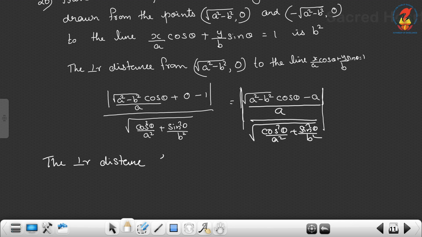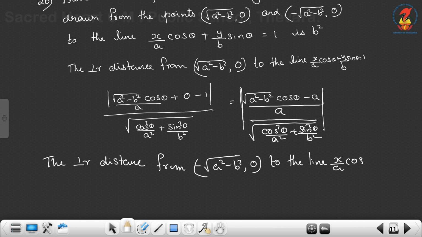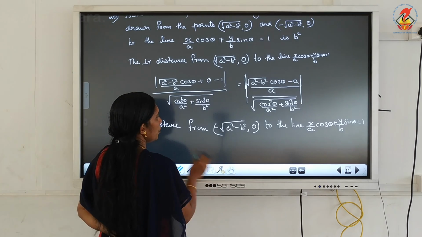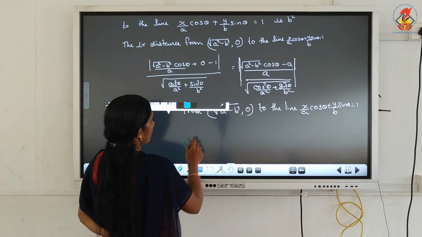Now the perpendicular distance from the second point, minus root of a square minus b square comma 0, to the line x/(a cos theta) + y/(b sin theta) = 1: again you have to substitute x and y.